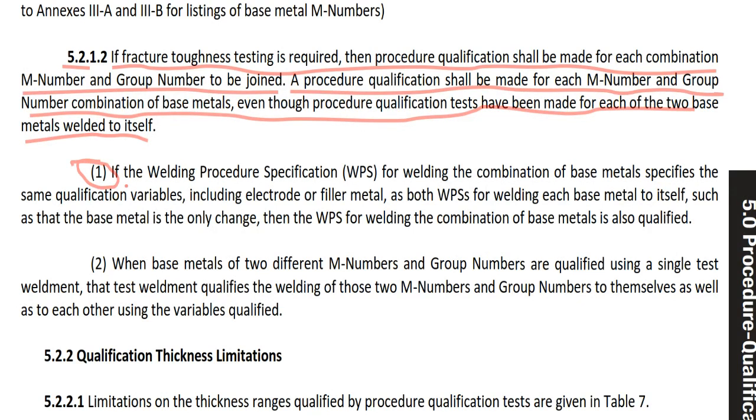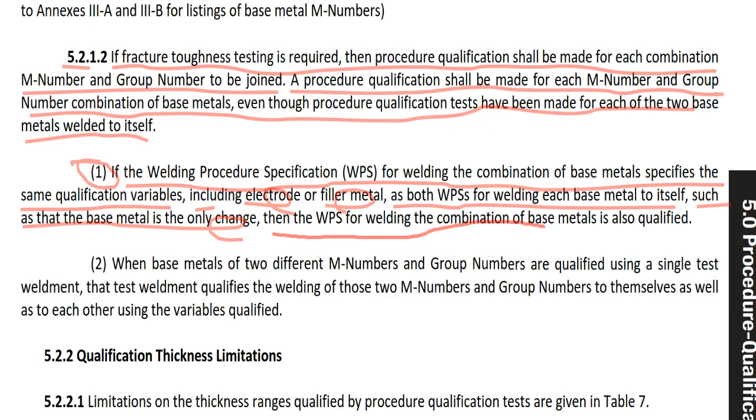Parenthesis number 1. If the welding procedure specification, WPS, for welding the combination of base metals specifies the same qualification variables, including electrode or filler metal, as both WPSs for welding each base metal to itself, such that the base metal is the only change, then the WPS for welding the combination of base metal is also qualified.